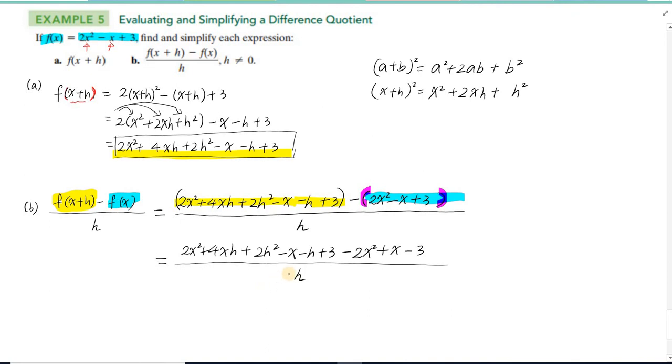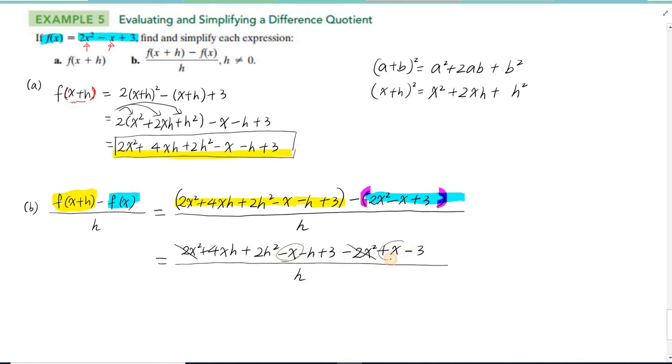Okay, so once we do this, now we're going to look. We have a 2x squared, we have subtract 2x squared. So they are going to be gone, right? Then we look, we have 2xh. I can't simplify this, there's no like term, so I leave it alone. And then we also have 2h squared. I'm going to leave it alone. Then I look at this, we have a negative x.